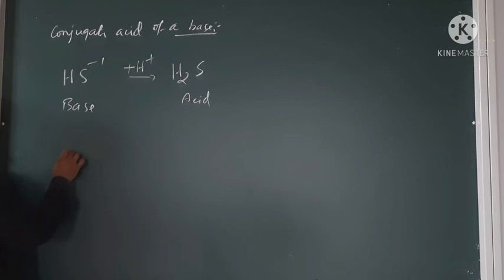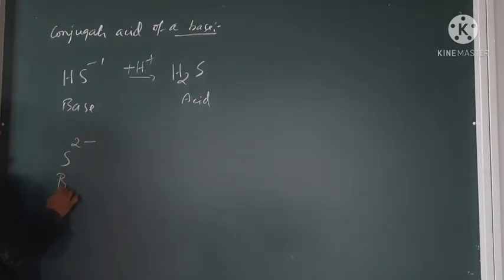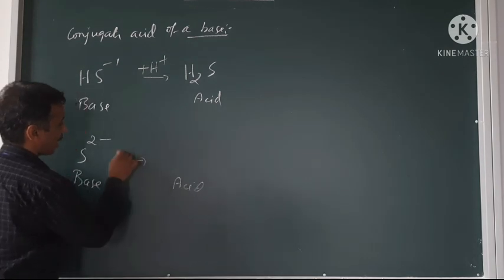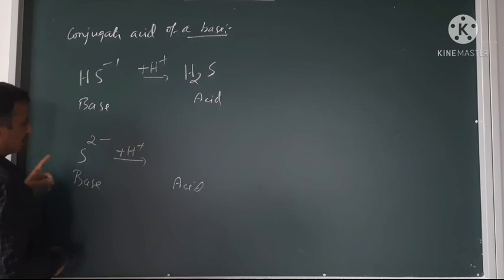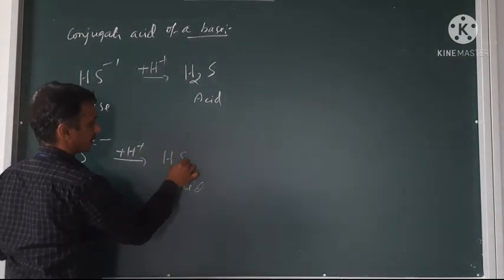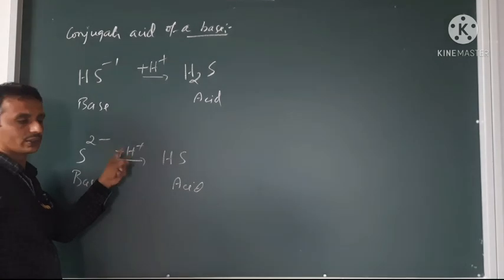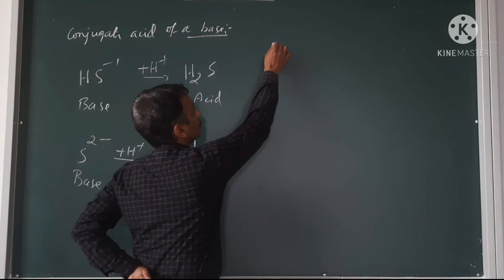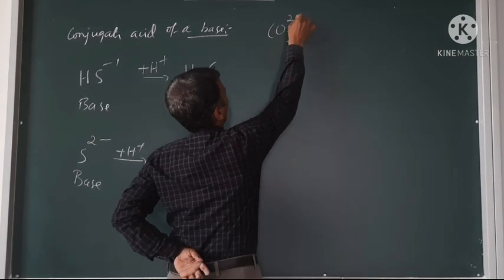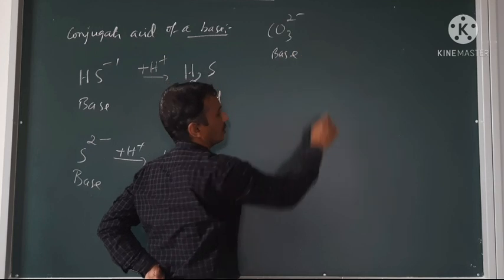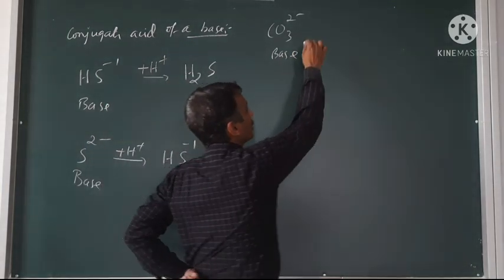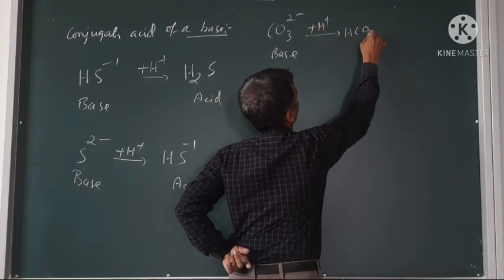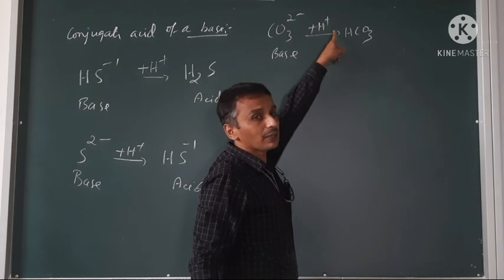Now take this example. S2 minus is a base. Its conjugate acid, you are right, add one H plus. Nothing was there, so it becomes HS. Minus 2 plus 1, minus 1 will be there. CO3 2 minus is a base. Its conjugate acid, add H plus, so HCO3 minus: minus 2 plus 1 means minus 1.